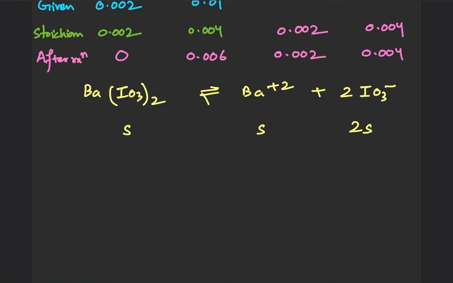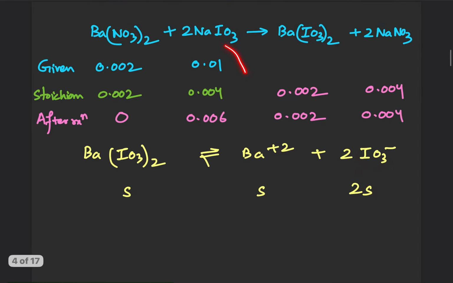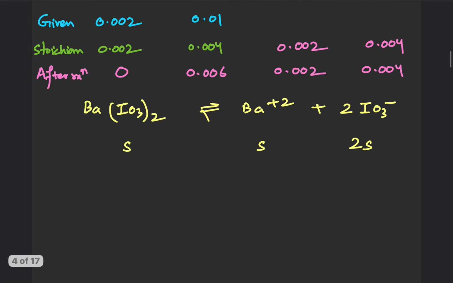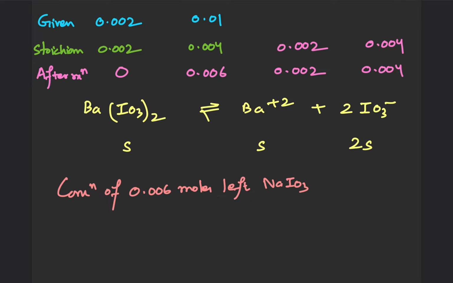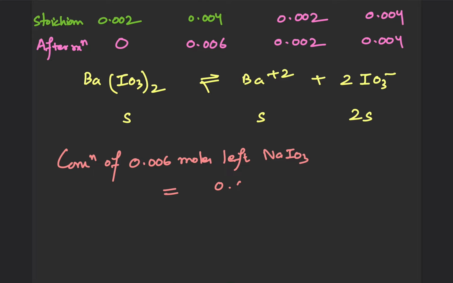But here there is a catch. The catch is these IO3 minus ions are also produced from the left sodium iodate. Remember, this much amount of sodium iodate is left after the reaction. So let's calculate the concentration of NaIO3: 0.006 moles left, divided by volume.